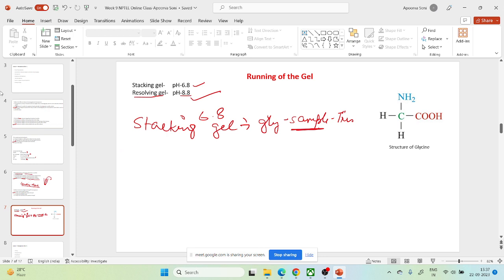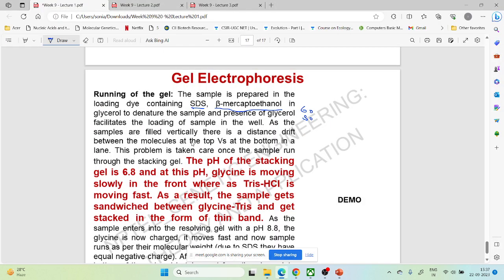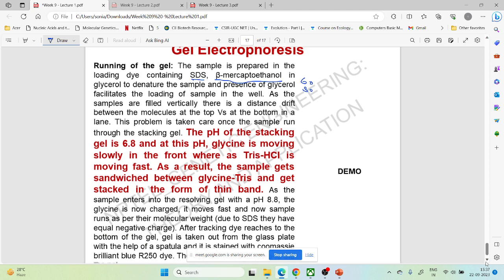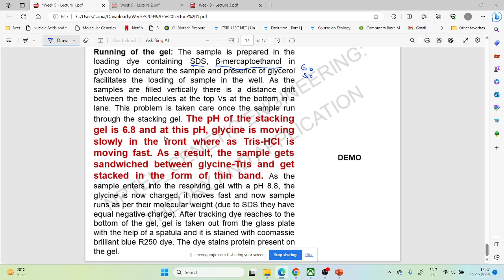Now we come to the resolving gel. Now what happens in the resolving gel? As the sample enters the resolving gel with pH 8.8, the glycine is now charged.